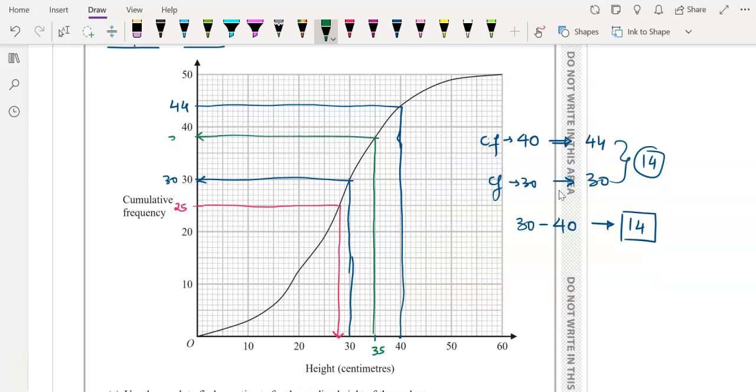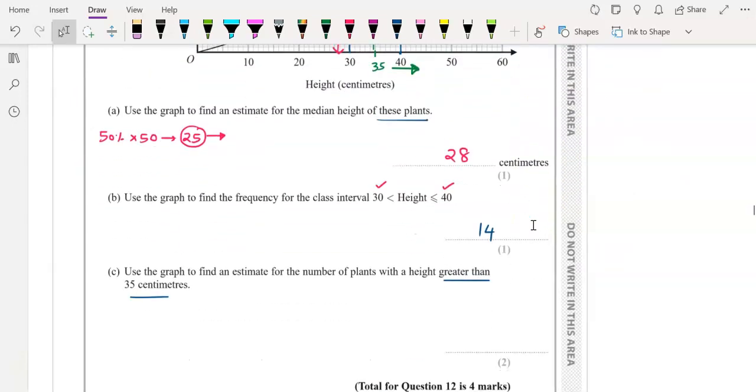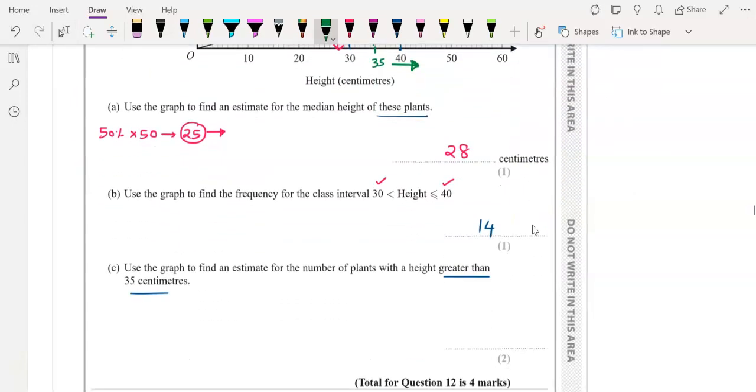So this is 38. We need greater than 35, to the right side. We need to know how many are above 38. So from 50, you take away 38. So there are 12 which have a height greater than 35 centimeters. So the answer for this question is 12. Okay, that's it for this question.